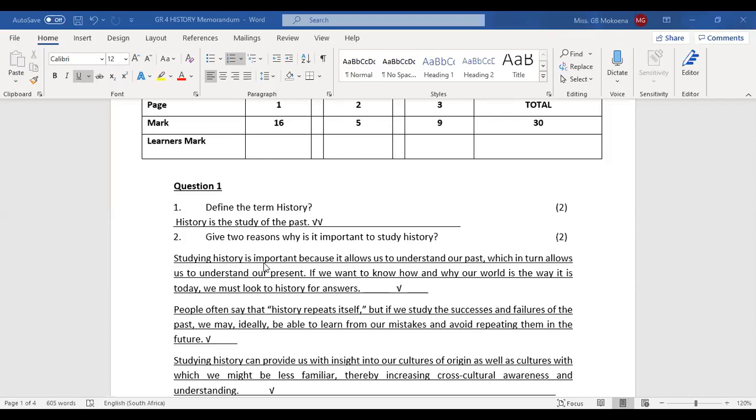Next, give 2 reasons why it is important to study history. So you give me your reasons. Why do you think it's very important that we study history as learners, as people? Nathaniel?